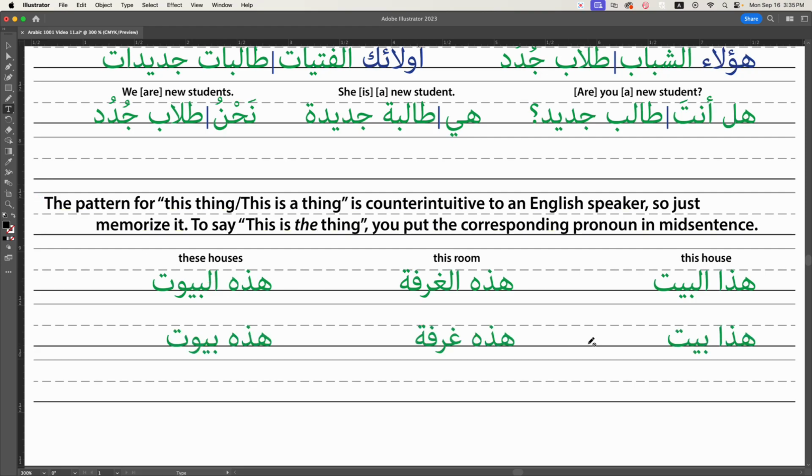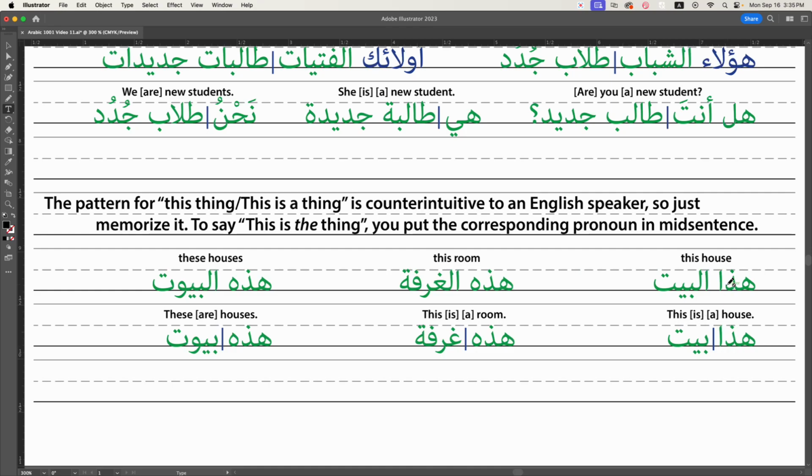If we take off the alif lams, well, now they become sentences. So هذا بيت, this one is definite because it's a demonstrative. This one is ghayr ma'rifa, or indefinite. So this is a sentence is what this means. We put our blue bar here and we're going to say this is a house. There's no is, there's no a.